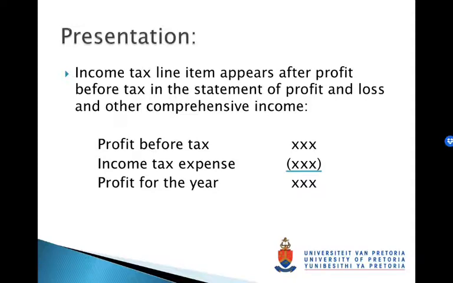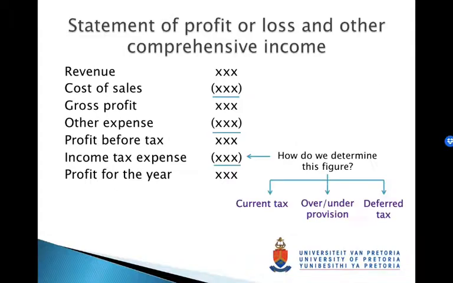And now the question is, what does this income tax expense line item consist of? Here you can see it consists of your current tax, your over or under provision, and your deferred tax. As I told you, in FRK 201 we look at these three things, and we will look at them individually now.